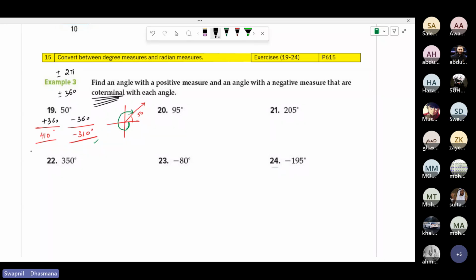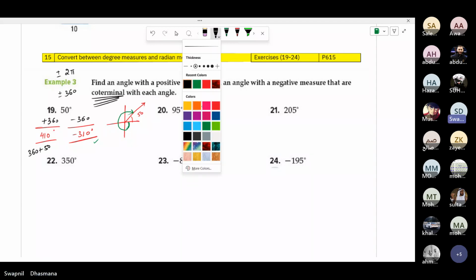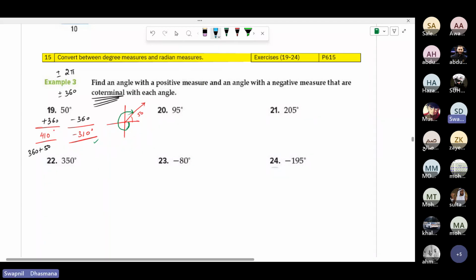410 means 360 plus 50. This is plus, meaning counterclockwise. So 360, this much, plus 50.